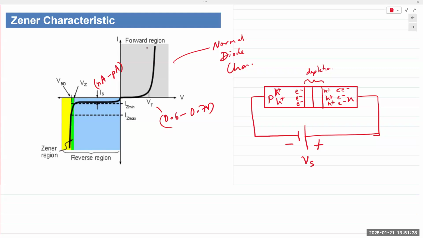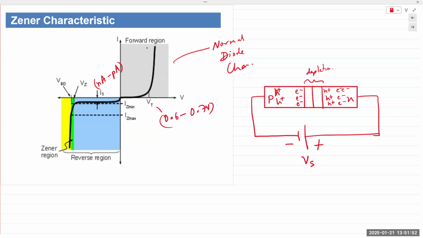So in the reverse bias, you would say typically there is zero current flowing through until it breaks down. As we keep on increasing the voltage supply from the external voltage source, the junction would break down, and the breakdown occurs due to two mechanisms. One is Zener, the other one is avalanche.